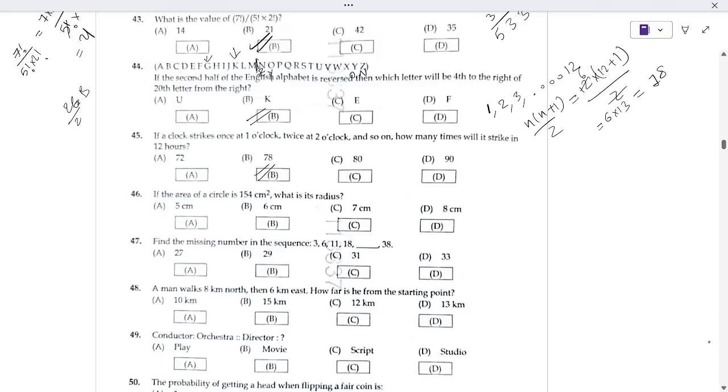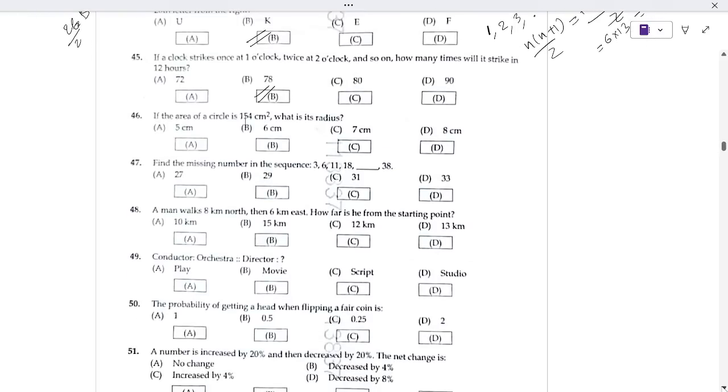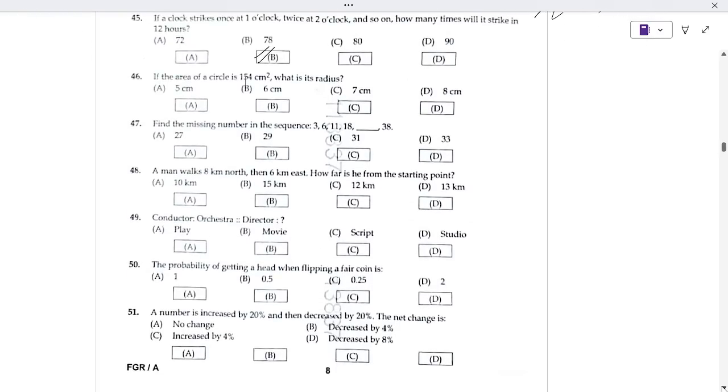Next one. If the area of a circle is 154 centimeter square, find the radius. So area of a circle is nothing but pi r square is equal to 154, where pi is 22 by 7.